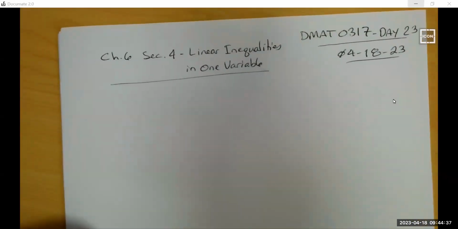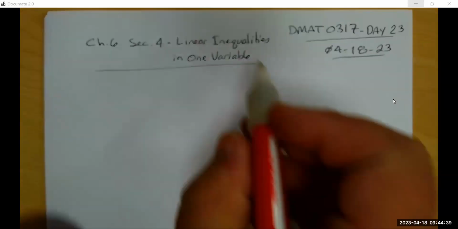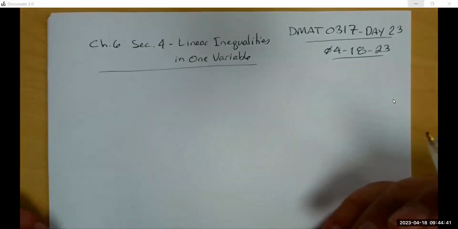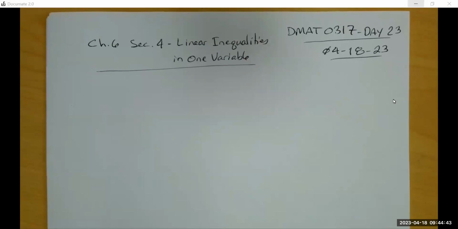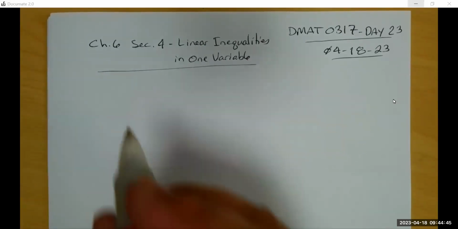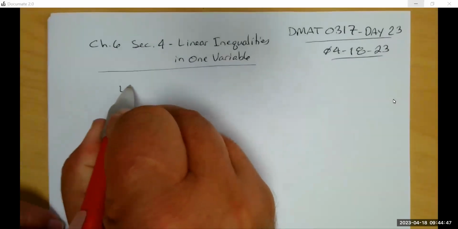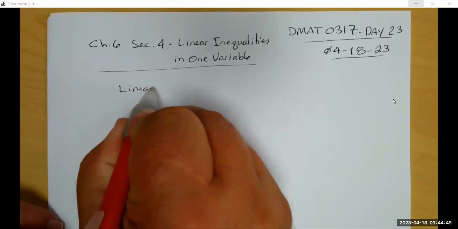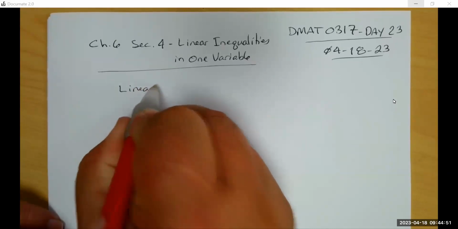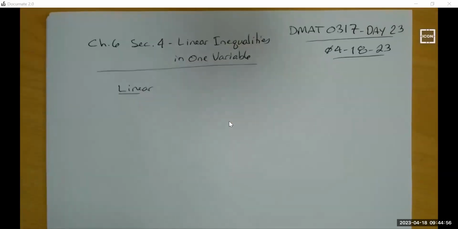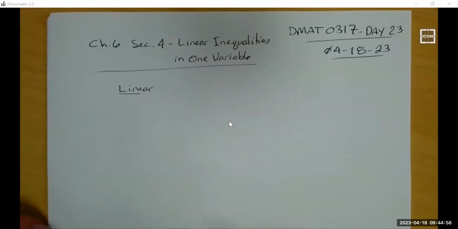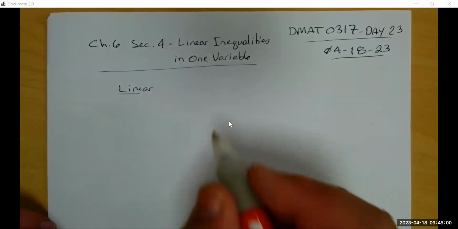All right, today we're doing chapter 6, section 4, linear inequalities in one variable. What does linear mean? Line, yeah. The first four letters of the word linear spells line. So linear equations are equations of lines.